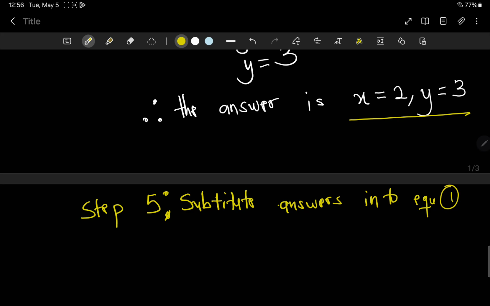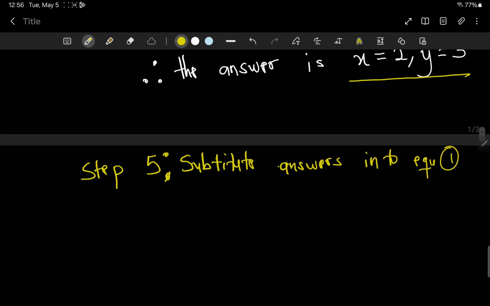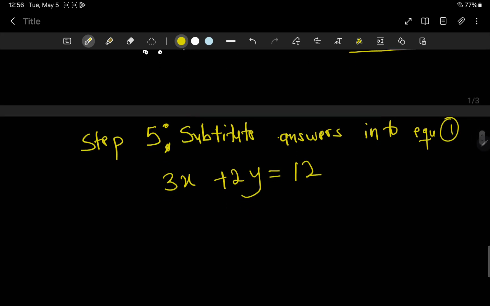Okay, so the equation 1, right? I don't know if you remember, the equation 1 is 3x plus 2y is equal to 12. Okay, so now let's substitute the answers into the equation.